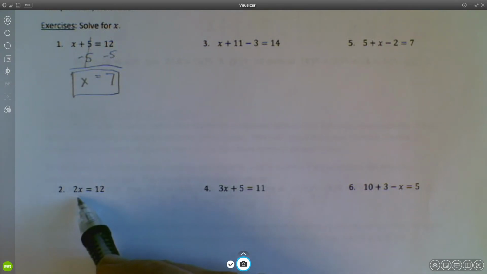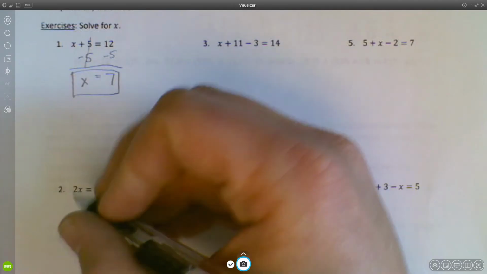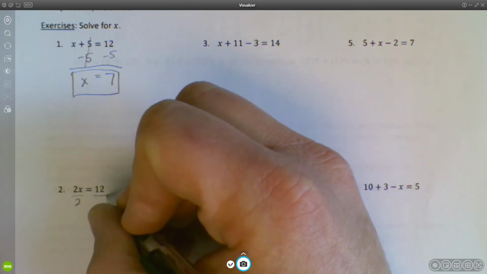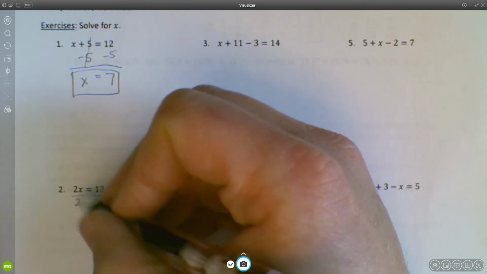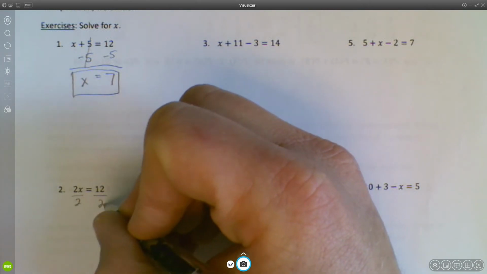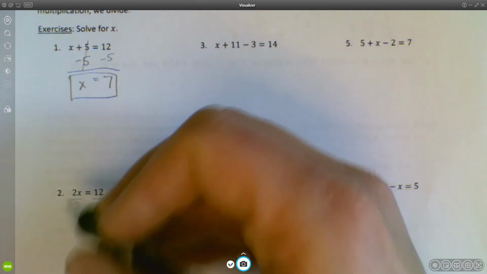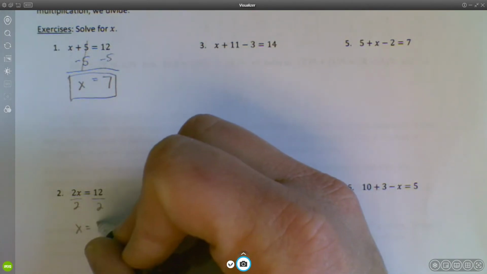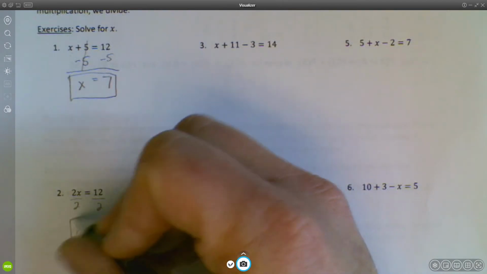And if I want to undo that multiplication, I need to divide. So I'm going to divide by 2 in order to get x by itself. And I'm allowed to do that as long as I also divide the right hand side by 2. So if I divide the left by 2, I'm left with x. If I divide the right hand side by 2, 12 divided by 2 is 6.